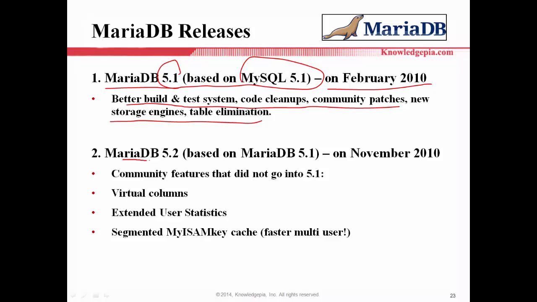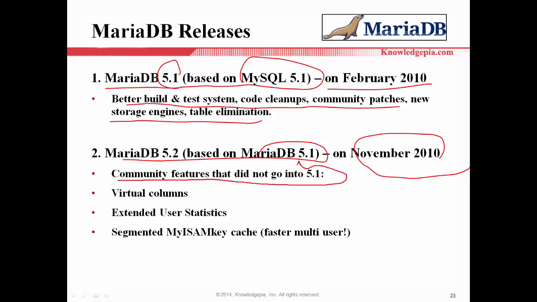And MariaDB 5.2, based on MariaDB 5.1, in November 2010. In this version, community features that did not go into 5.1, like virtual columns, extended user statistics, and segmented MyISAM key caches.